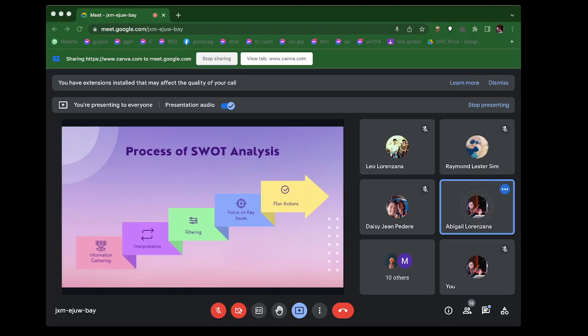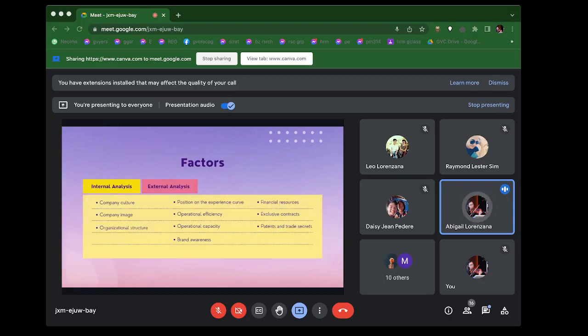So, what are the factors? Let's remind ourselves again, what is internal analysis? Those are things within your control. So the internal analysis is a comprehensive evaluation of the internal environment's potential strengths and weaknesses.